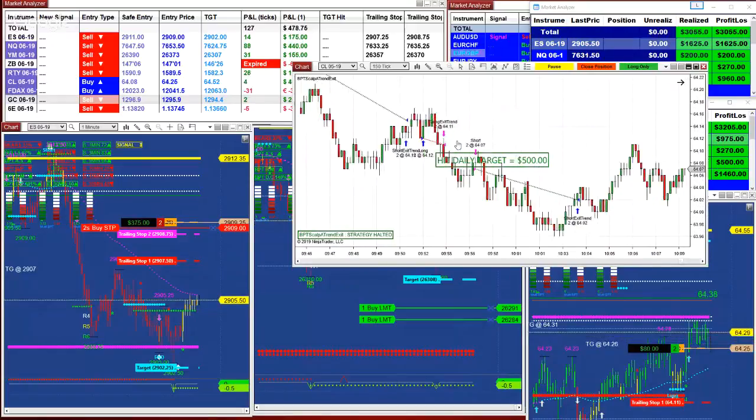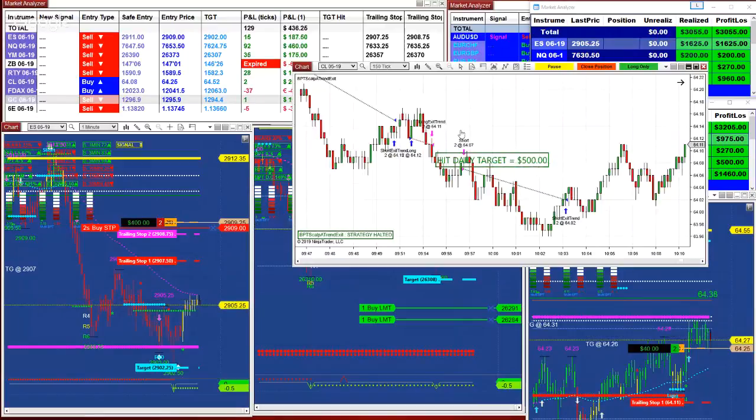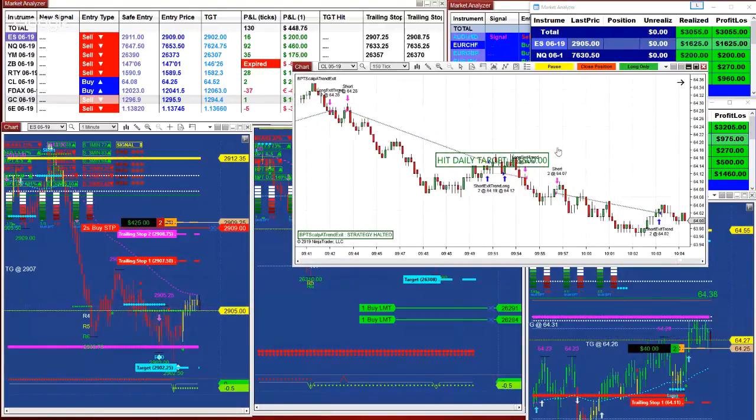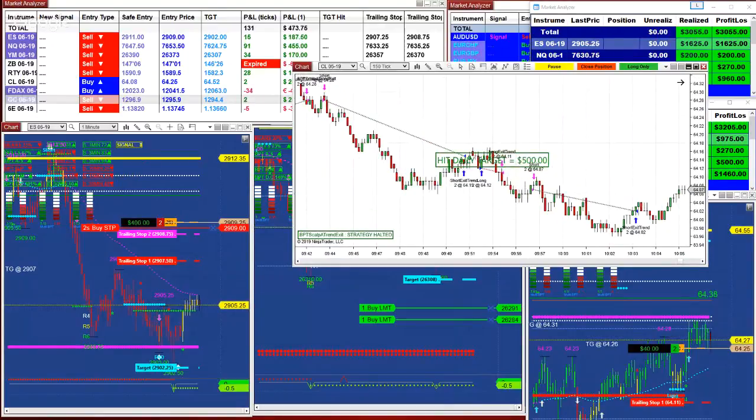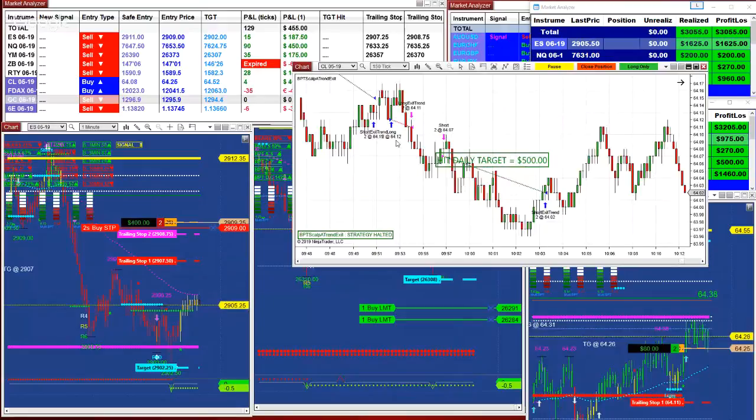It was one losing trade, and it was 1, 2, 3, 4 trades on the CL 150 ticks. For the stop loss on the CL, took a trade at 64.12 and close at 64.11.